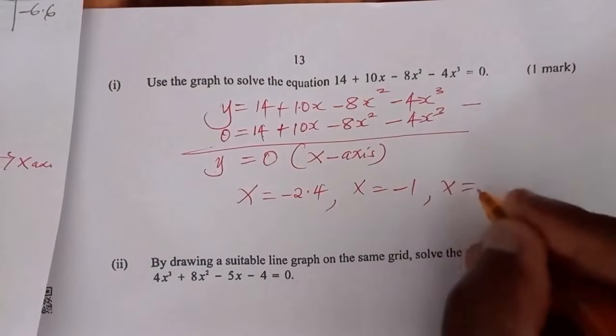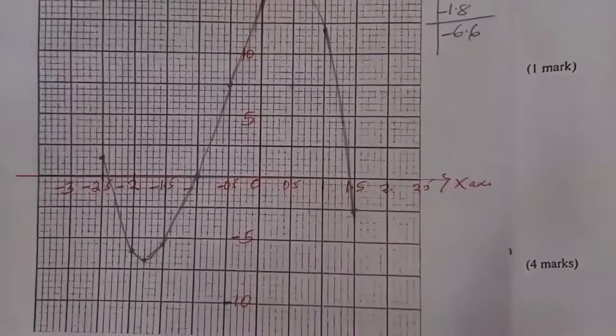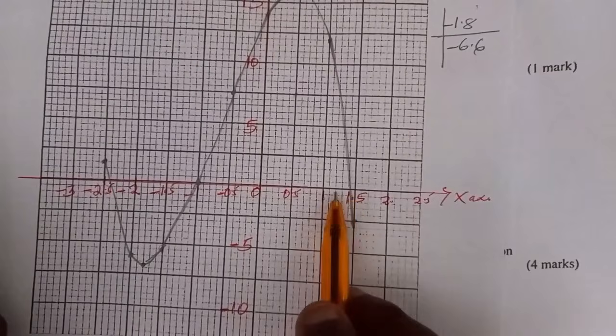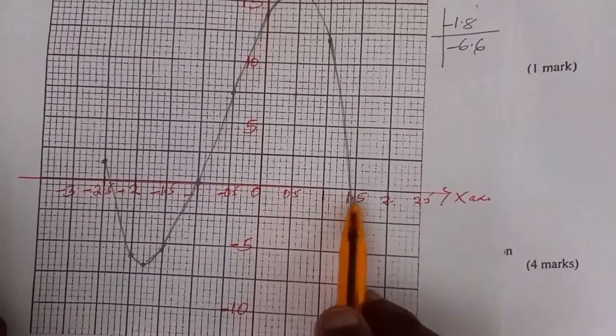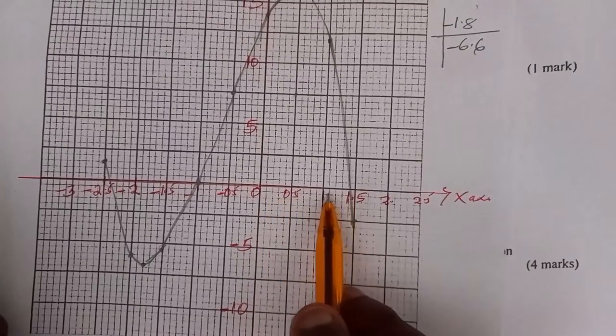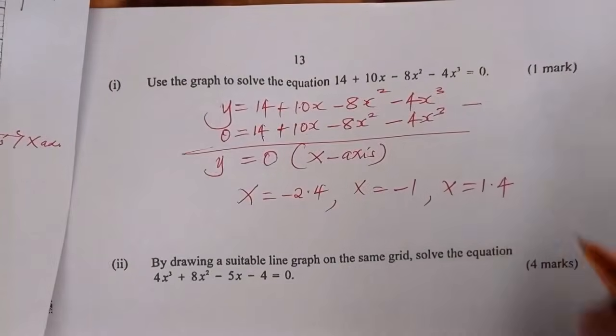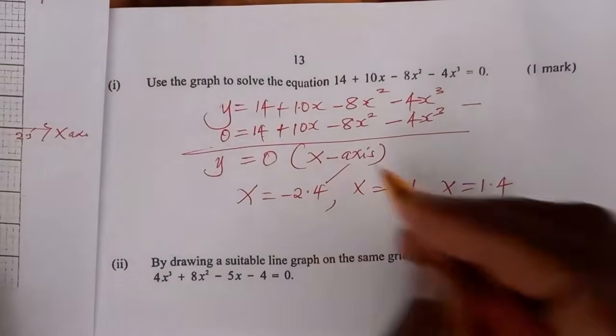And then there is still another one, this one. Remember, the size of one small square is 0.1. So this is 1.1, 1.2, 1.3, 1.4. So these are the solutions.